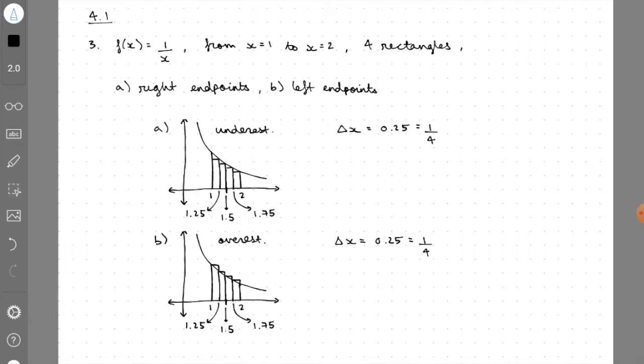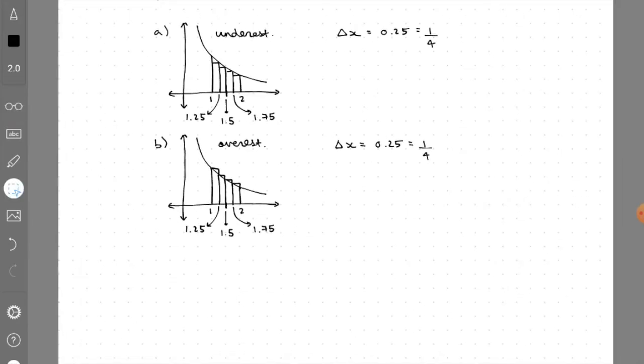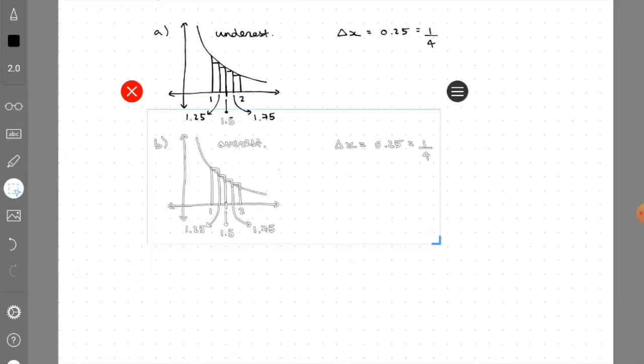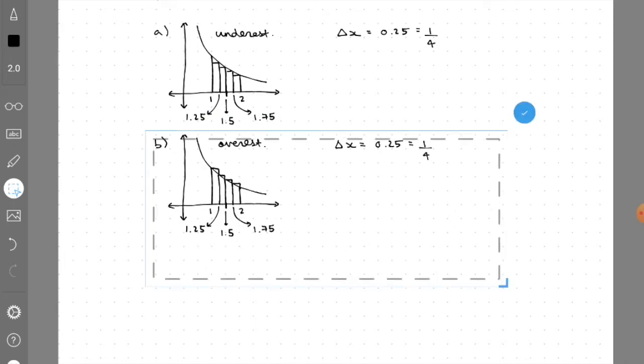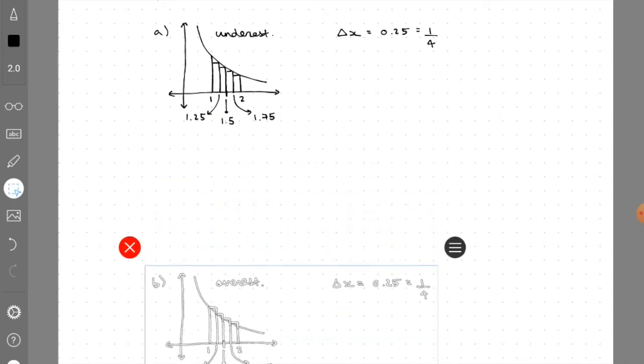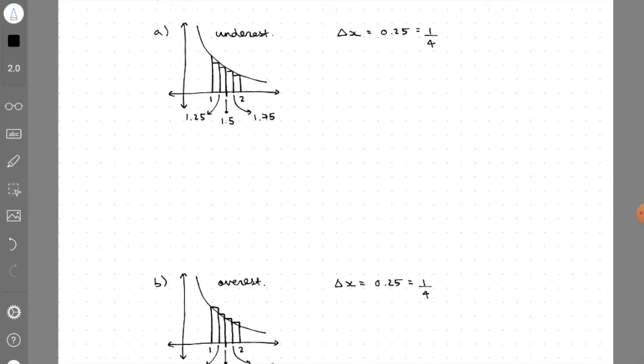Now, how do we actually calculate the area of the rectangles? Well, we're going to add the areas of the 4 rectangles and calculate the total area that way. I'm going to redraw the 4 rectangles because I think it's easier to see.